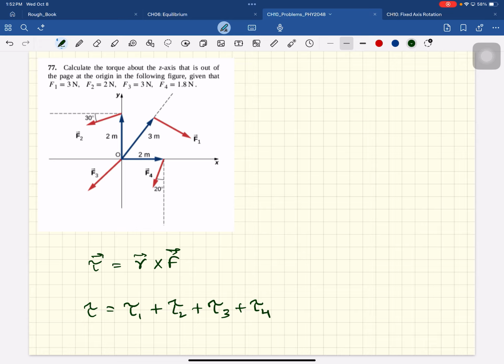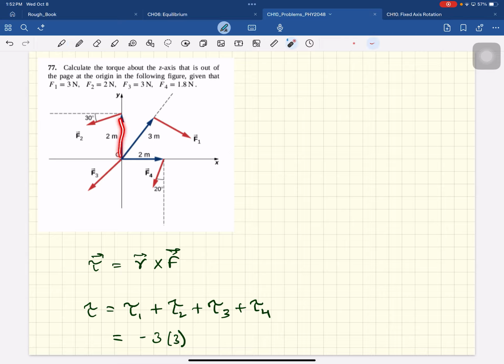Okay, we can add them because all the torques are along the z-axis, either along the positive z-axis or along the negative z-axis. So you're just adding a bunch of scalars. Okay. This guy is a negative torque. So this is equal to F1 is 3 newtons, minus 3 times 3.